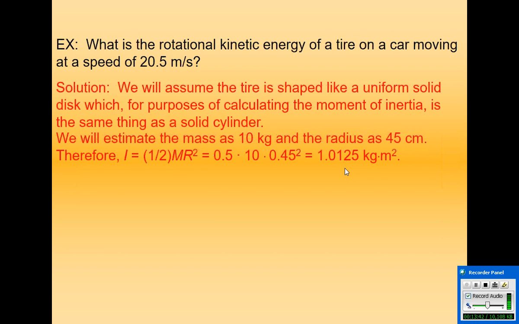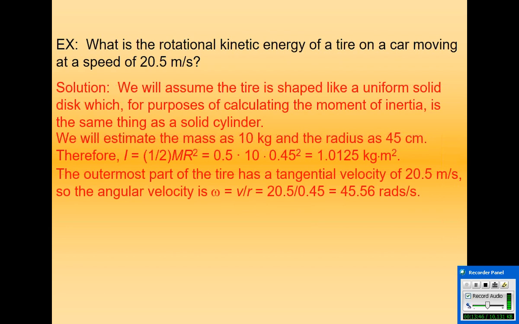Now let's find the rotational kinetic energy. We need the angular velocity. Now, if the center of mass is moving at 20.5 meters per second, that means that the tangential velocity out at the radius of the tire is also 20.5 meters per second.